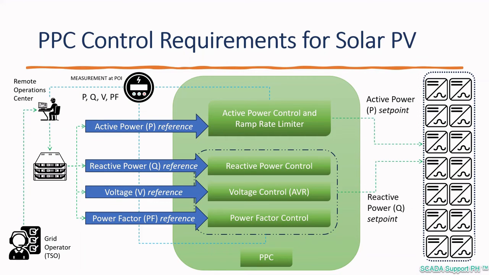The combination of the reactive power reference, voltage, and power factor reference serves as components for the new reactive power set points. Transmission of the updated control references or set points from the PPC to the central inverters, cluster controllers, or inverter manager devices takes place via Modbus TCP.